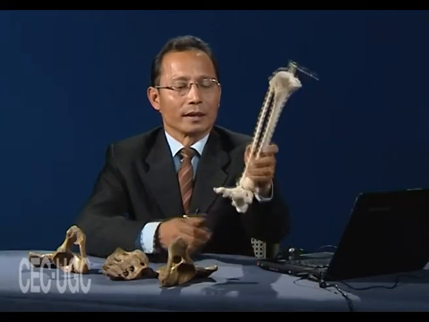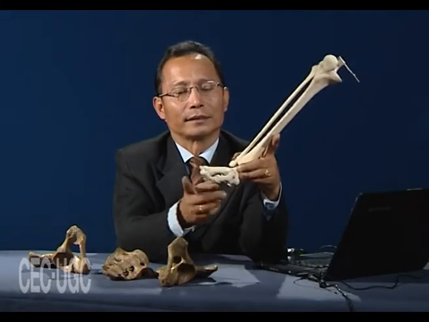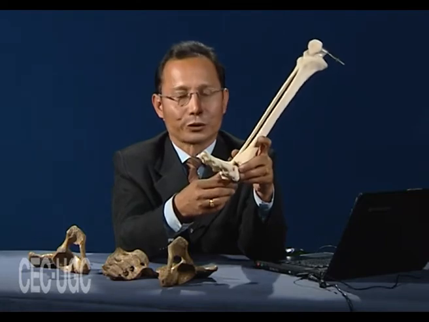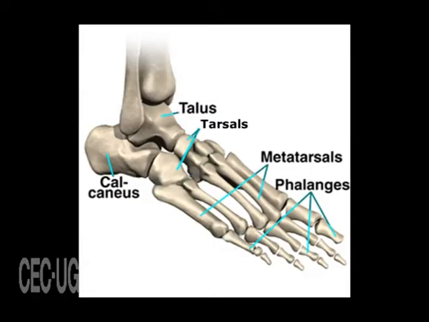Then this is the skeleton of foot. This is called talus. This is calcaneum, heel bone. These are tarsal bones. These are metatarsal. 5 metatarsal bones are there.